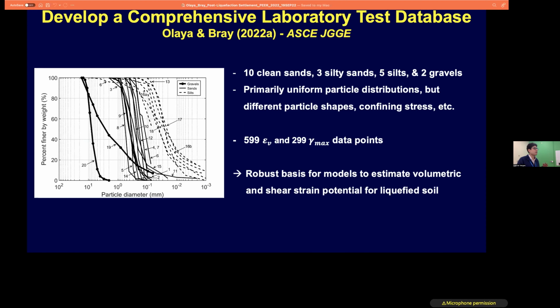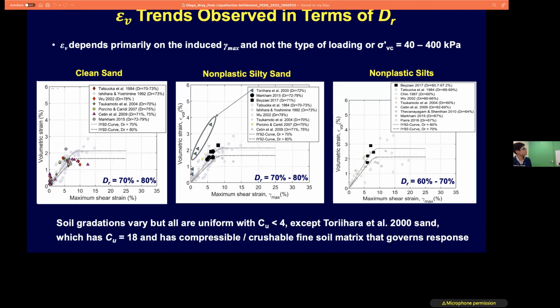So we have a wider range of test conditions and materials. We end up having almost 600 volumetric strain data points and almost 300 maximum shear strain data points. Using this database, represented here by grain distributions, we were able to revise and produce new models for estimating volumetric and shear strain potential of liquefied soil.